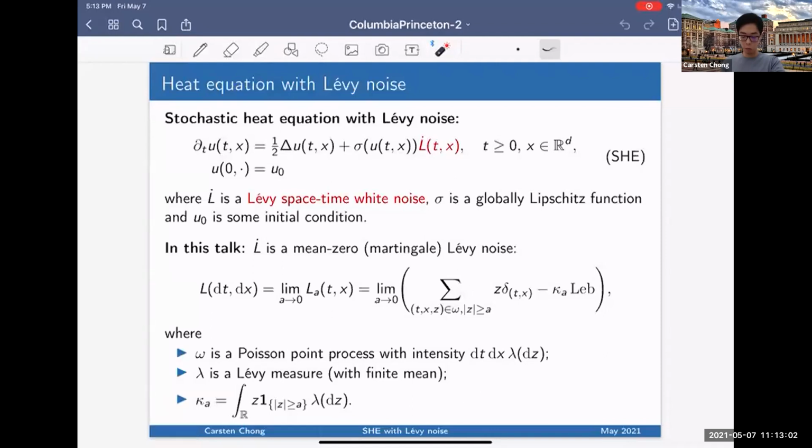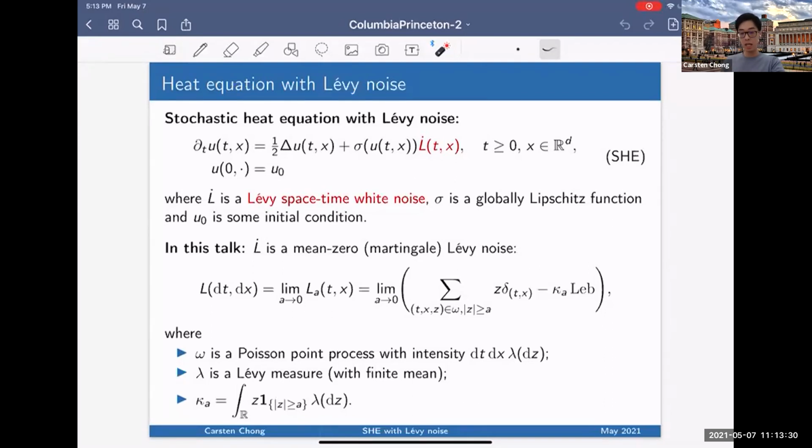Here I only restrict to the atoms for which the jump size in modulus is greater or equal to a, being some small threshold. This ensures that this sum is convergent, at least locally, so this is a well-defined measure locally. But of course, in the end, I would like to send a to 0.